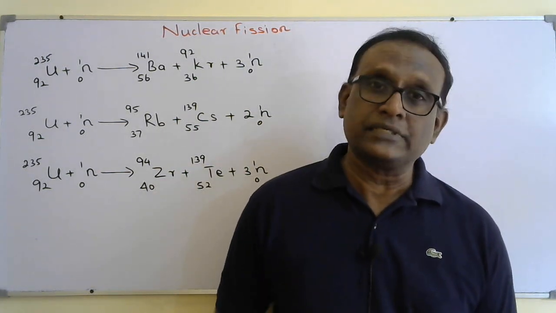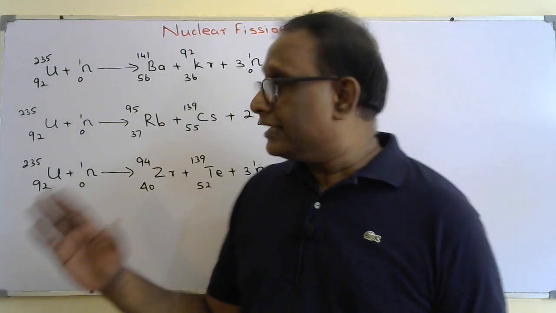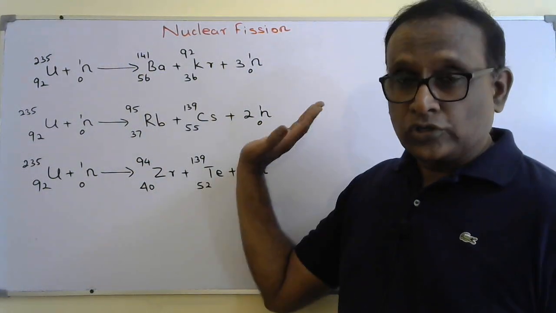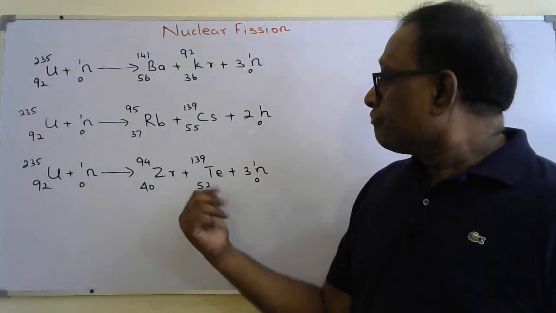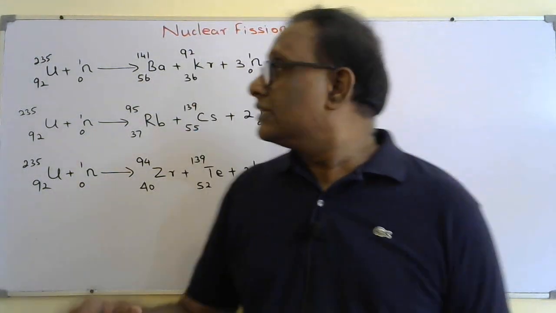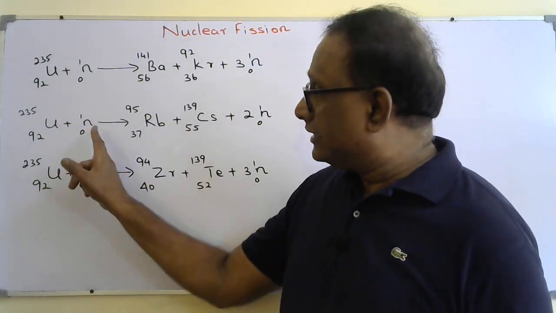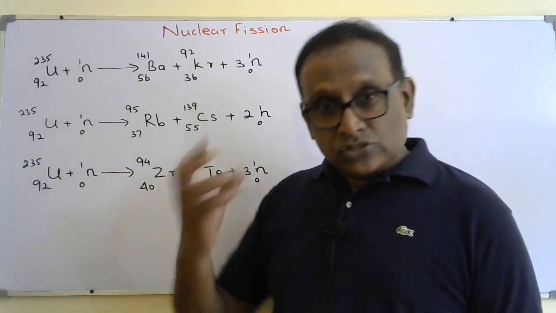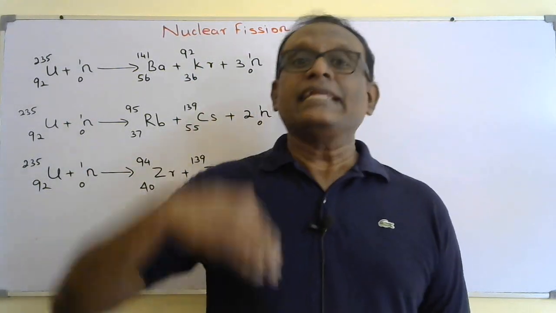That also can happen, and that can vary the outcome or the products. Third one, sometimes after the first reaction, when the uranium breaks up, the product could be in the excited state.